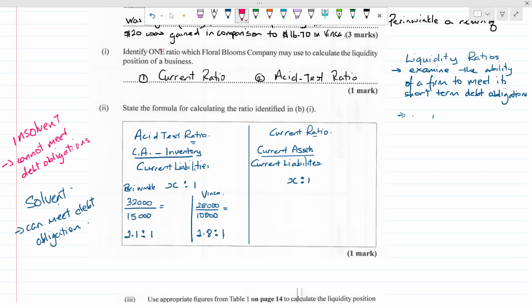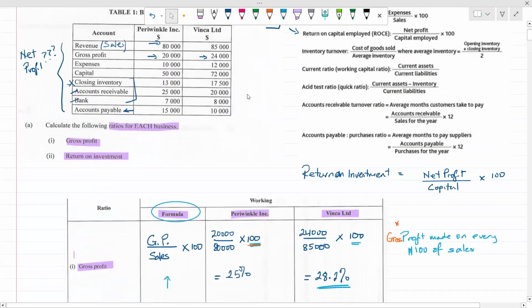Now let's look at the current ratio. The current ratio, we're just going to use the full current assets figure. So that means that we would not exclude the inventory, but include the inventory. Now, what that's going to do is it's going to increase that figure that we had there, right?